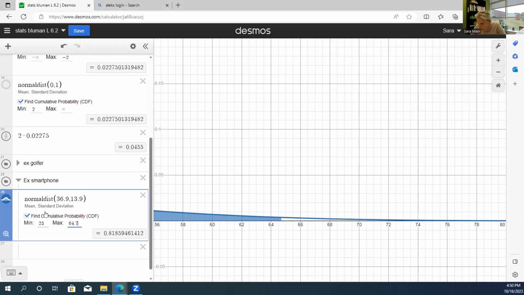So 82.9% or 0.829 of users are between 23 and 64.7. A large proportion. Part B says find the 30th percentile and interpret it in a complete sentence.